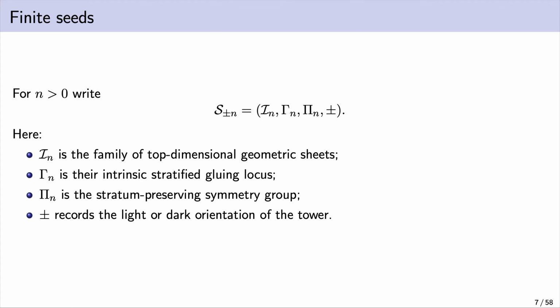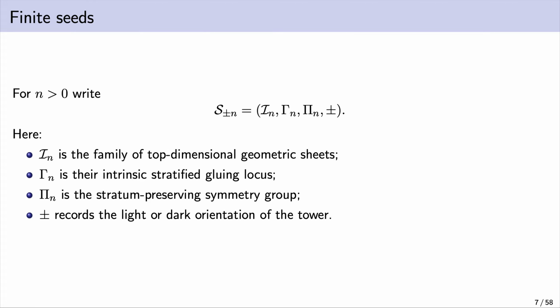And to go through a little bit about what the triple involves: n is the family of top-dimensional geometric sheets. Gamma is the seam graph, or the intrinsic stratified gluing locus.